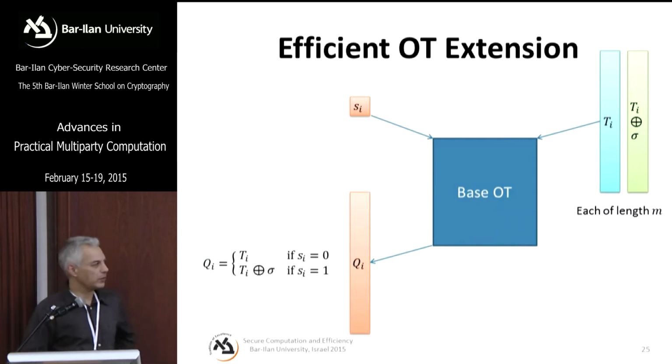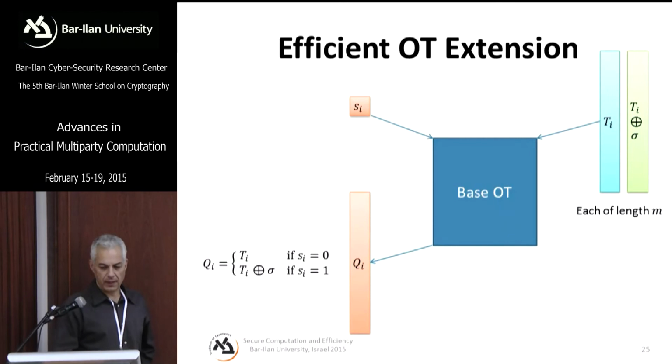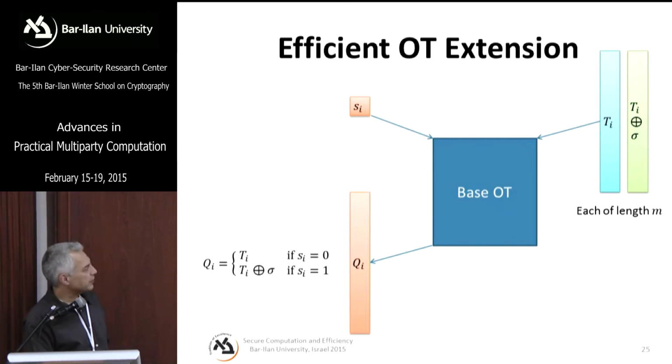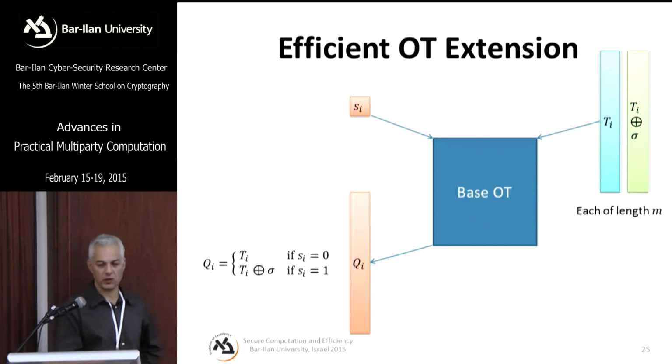So this is a graphic description. In the base OT, the receiver, who here is the sender, prepares two strings. Each one of them is a million bits long. One is Ti, which is random. The other one is Ti XORed with sigma. And the sender chooses to learn one of them.